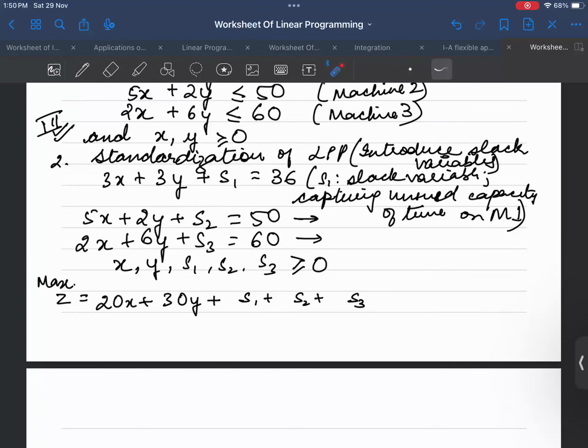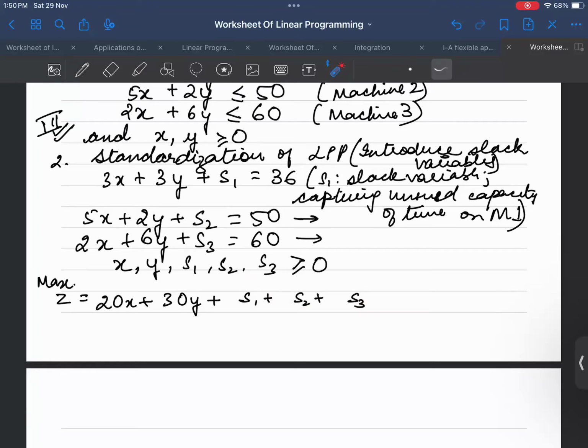The coefficient may represent the cost involved in not using the time, because if you're not using the time, a cost is involved still. So we shall presume that these unused resources have no cost.